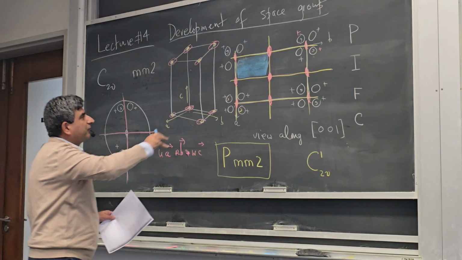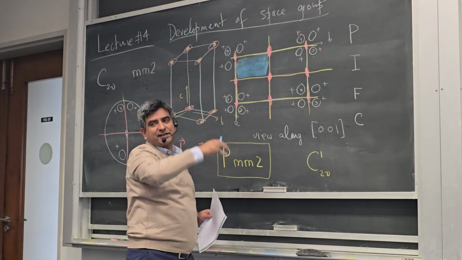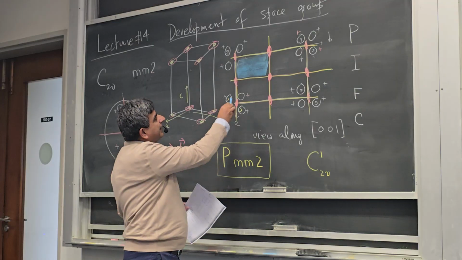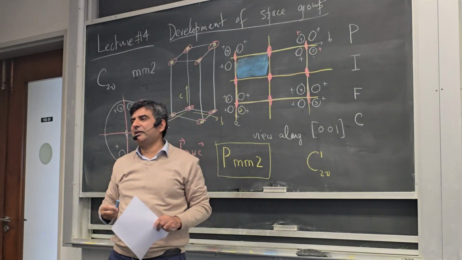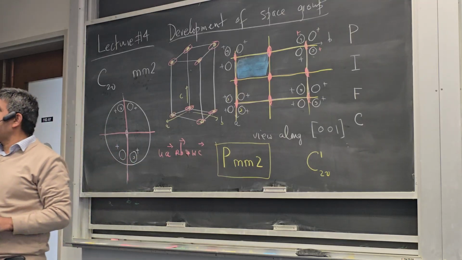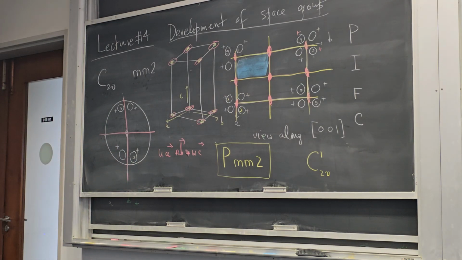And then if you take this sub-volume inside the unit cell, and you apply any of these symmetry elements, all of these symmetry elements, you will generate the entire contents of the unit cell, the entire crystal structure inside the unit cell. Okay? So this is what the asymmetric unit means.